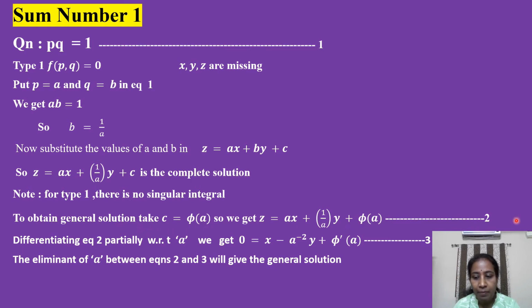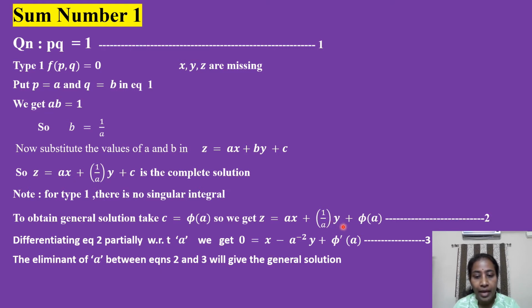Now this is named as equation 2 and I am going to differentiate this equation 2 with respect to a. On the left hand side I get 0, because when I am differentiating z with respect to a, z will be treated as a constant, and when we differentiate a constant it becomes 0. So you get a 0 in this place, and I am differentiating ax with respect to a, so I get the value of x.